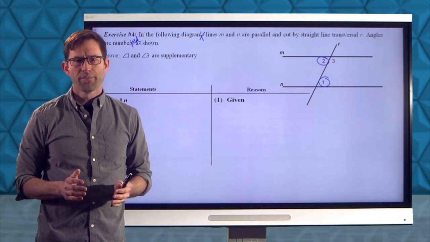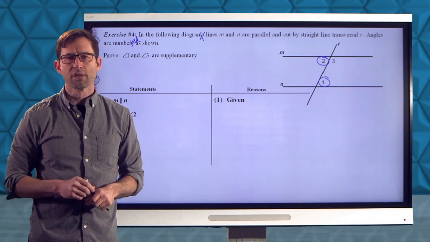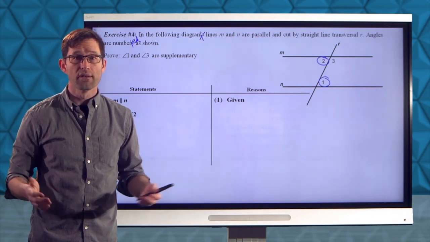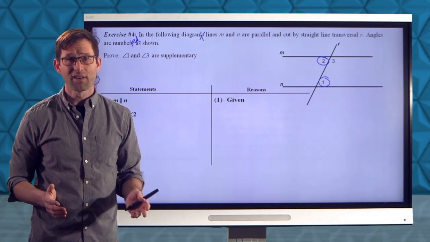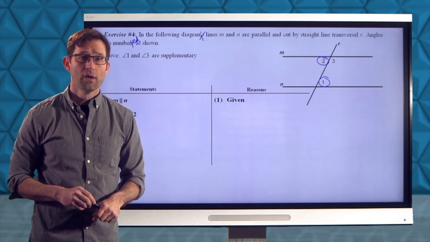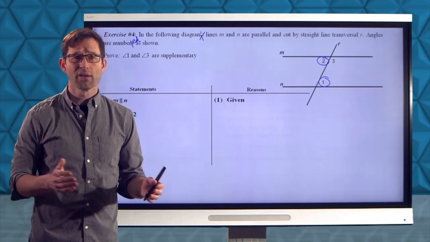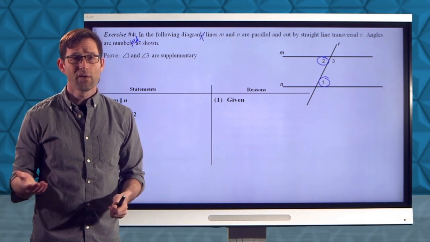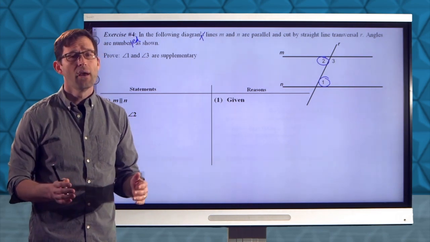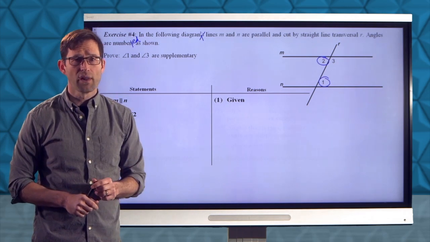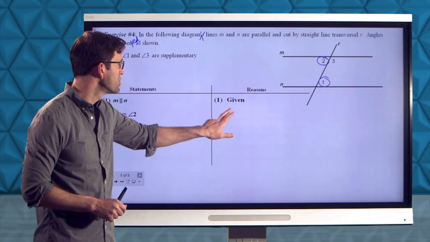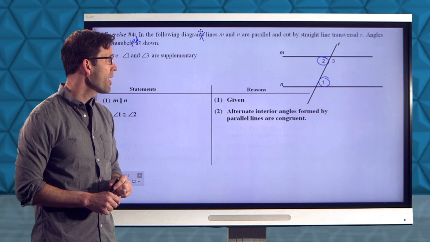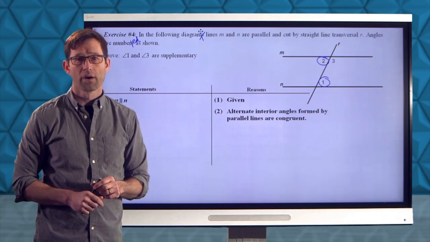Now, be careful. It would be tempting to write down as the reason for this the definition of alternate interior angles. Except that's not the definition of alternate interior angles. Right? Alternate interior angles are just two angles that are on either side of a transversal that's cut across two random lines. They don't even have to be parallel lines. All right? Unfortunately, the wording here is kind of lengthy and a little bit obnoxious, which is alternate interior angles formed by parallel lines are congruent.